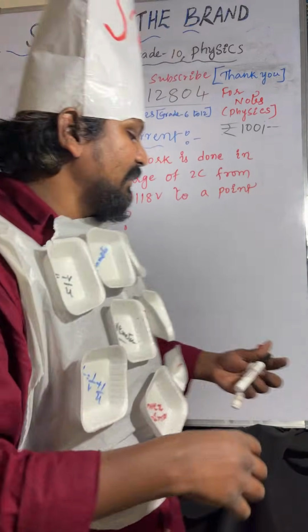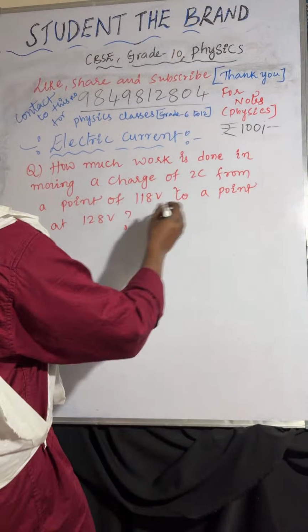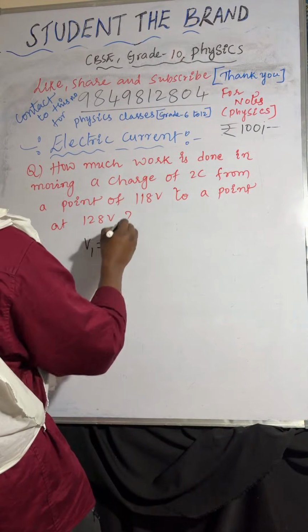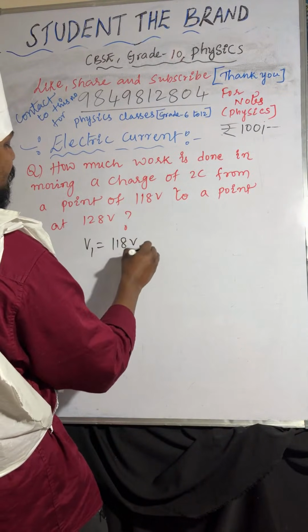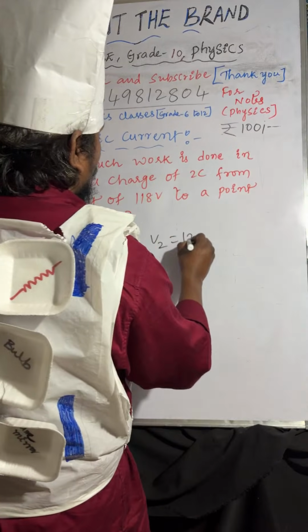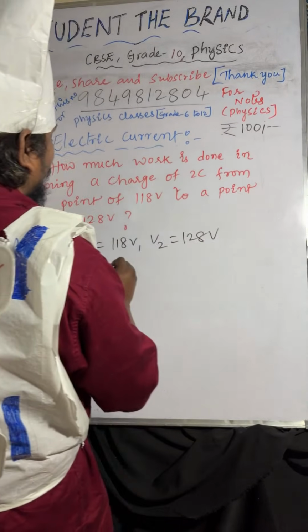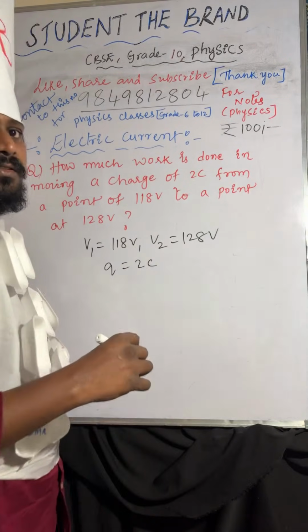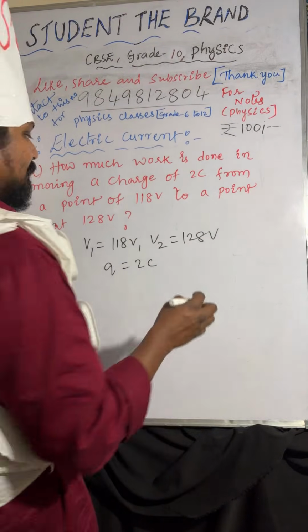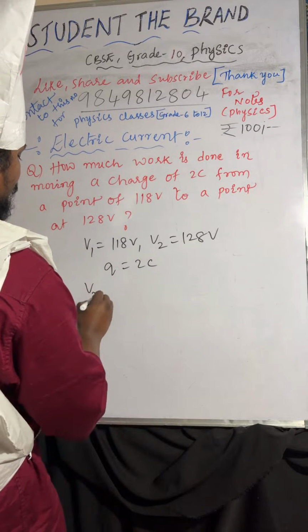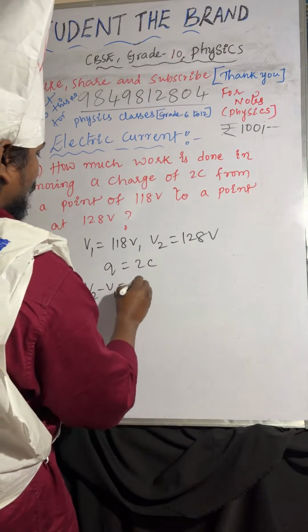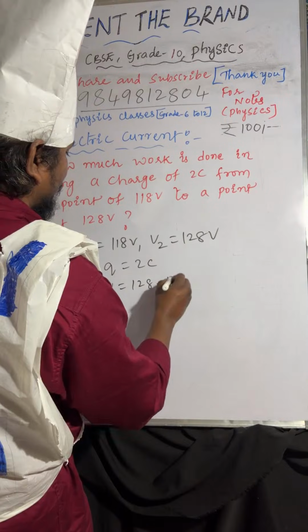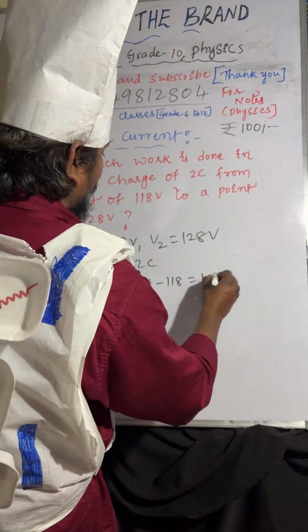Okay, then come to the point. Here V1 is 118 volts, V2 is 128 volts, and charge Q equal to 2 C. Then the potential difference V2 minus V1 equals 128 minus 118, that is 10 volts.